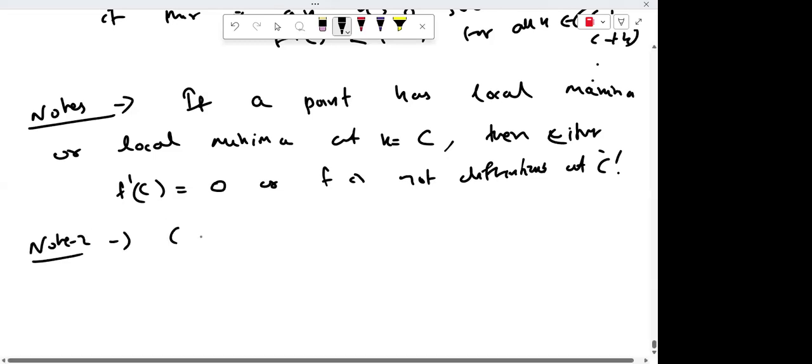Note 2. Converse of the above theorem is not true.